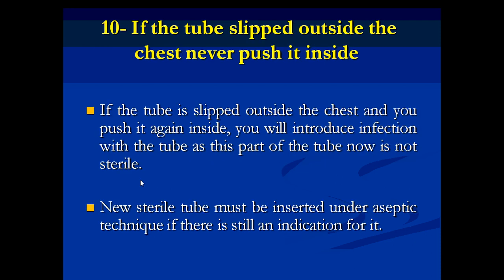If the tube is kept outside the chest, never push it inside because it's not sterile anymore. So what we will do is remove the chest tube if one of the side holes is outside the chest wall. We remove the chest tube completely and insert another new sterile chest tube under complete aseptic conditions if we still need it.